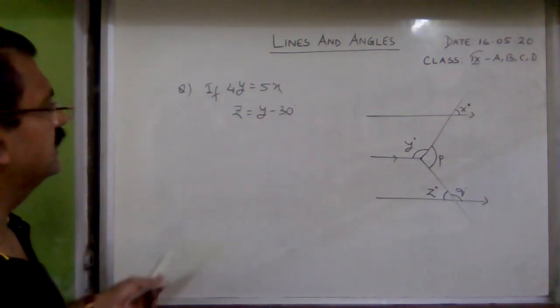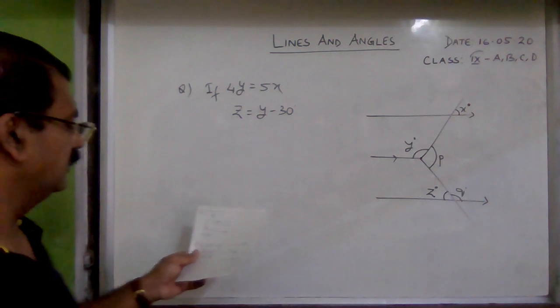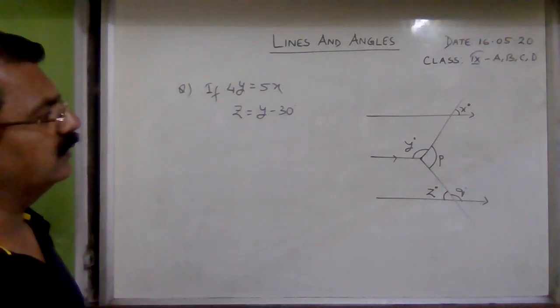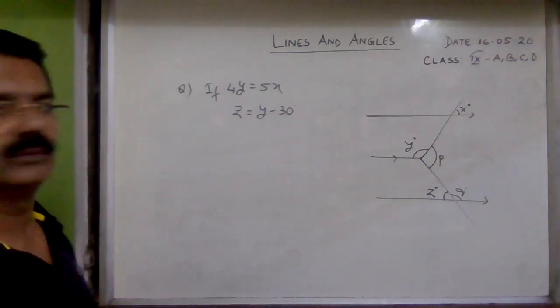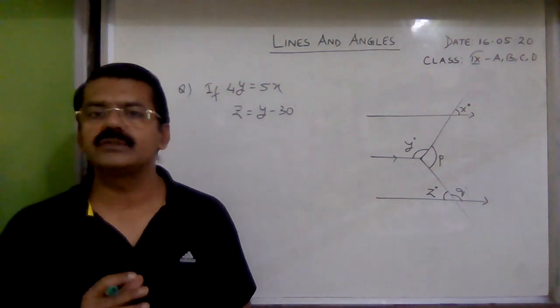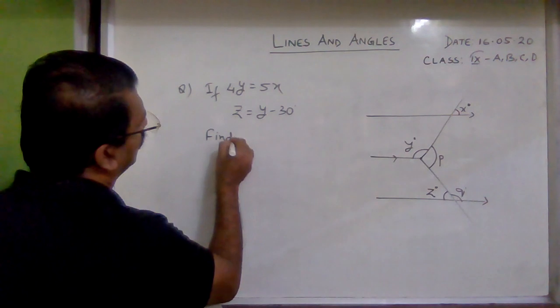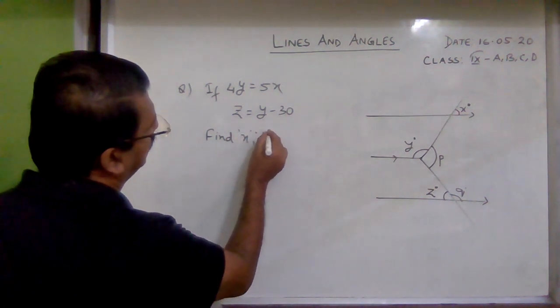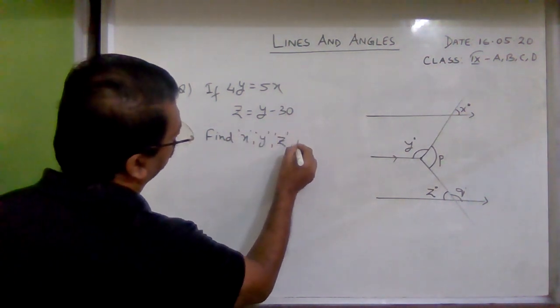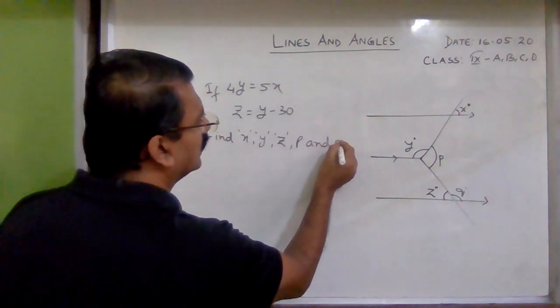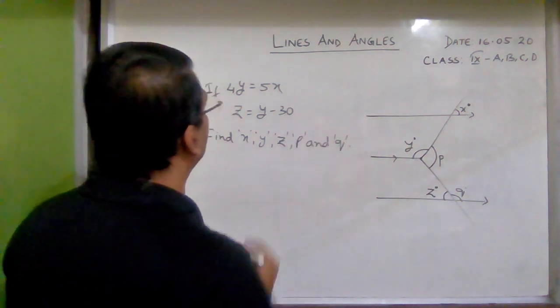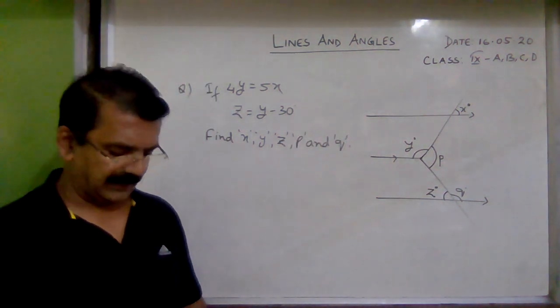So these two conditions are given, and you have to find the values of x, y, z, p, and q. All the unknowns you have to find in this diagram.